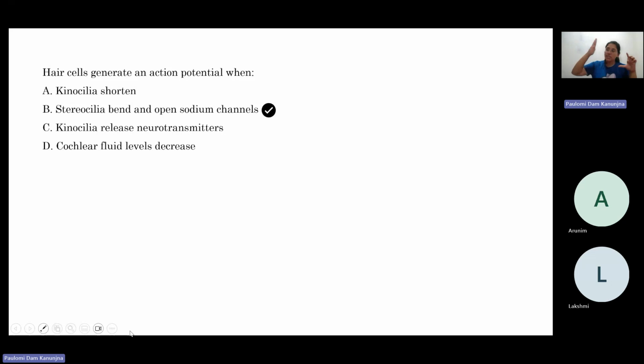As the cells bend and give pressure on them, they open up and the sodium ions move inside, which leads to depolarization, action potential generation, and nerves get activated. So the mechanism of generation of action potential is constant. You need sodium ions to move out and in.